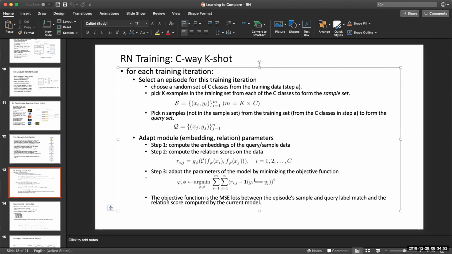That makes this expression compatible with the real numbers produced by the relation module. So you subtract those two numbers and square them. Basically it's MSE, mean squared error, which is the metric that we want to optimize to do the learning.